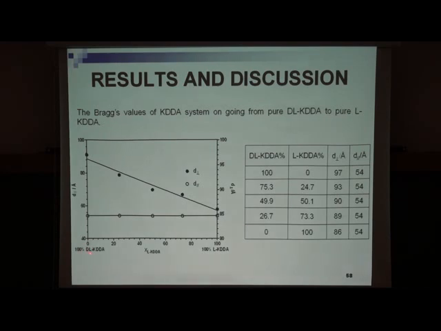If we replace L by racemic DL in the sample, like in the mass density measurements, we observe that as the racemic content increases in the mixture, the perpendicular value gets smaller, but the parallel is almost constant.